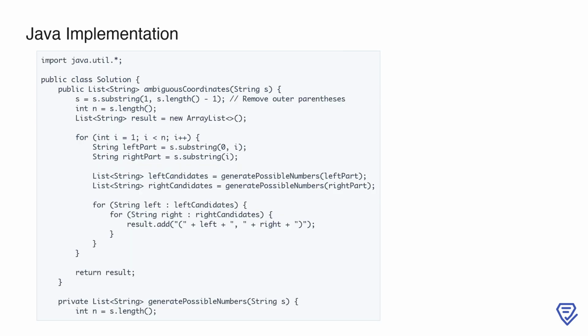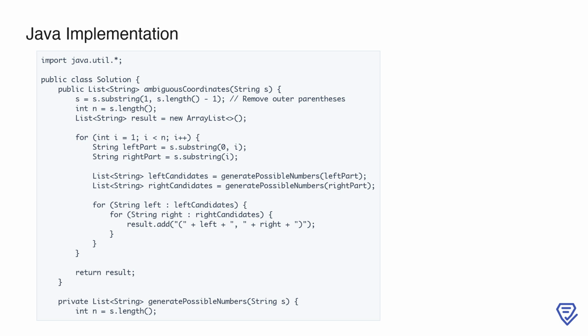Here, we start by defining the method ambiguousCoordinates, which takes a string s as input. The first step is to remove the outer parentheses from the string, as they're not part of the coordinates themselves. Next, we determine the length of the string and initialize an empty list called result to store all the valid coordinate combinations. The main logic involves a loop where we split the string into two parts at every possible position.